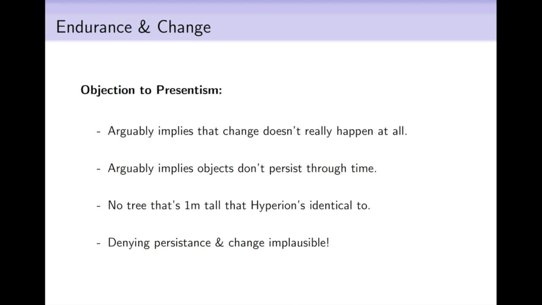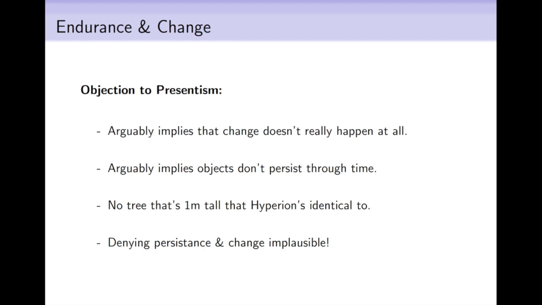Given that there's only one time that exists, the present, there just is no future or past version of Hyperion, say, for the present version to be identical to, right? So you might argue that the notion of identity across time just drops out of the picture because there are no past or future versions of objects.